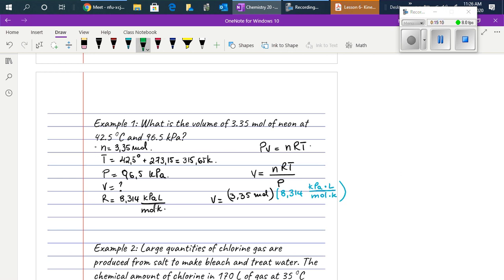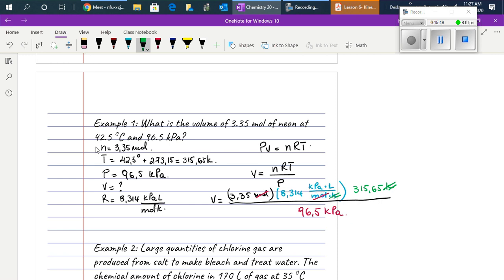times T, which is 315.65 Kelvin. The whole thing is over the pressure, which is 96.5 kPa. So now see the cancellation that is done here. Moles and moles cancel out, and Kelvin and Kelvin cancel out.